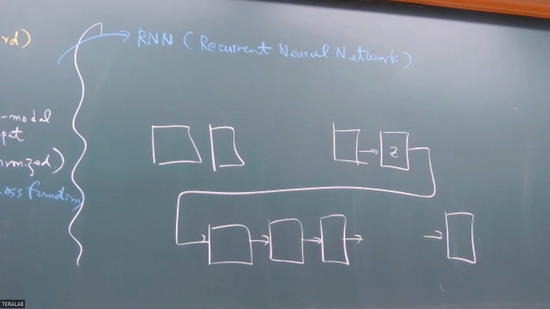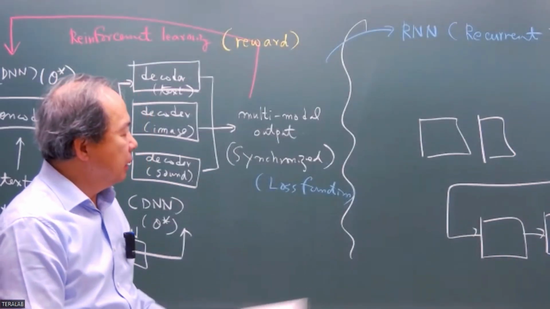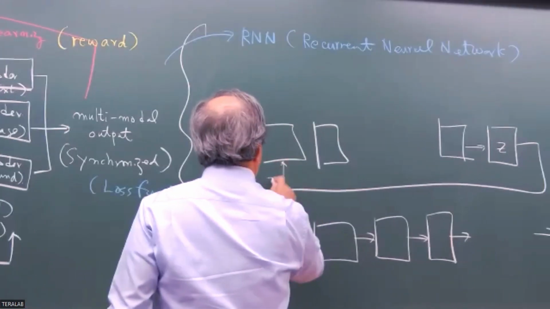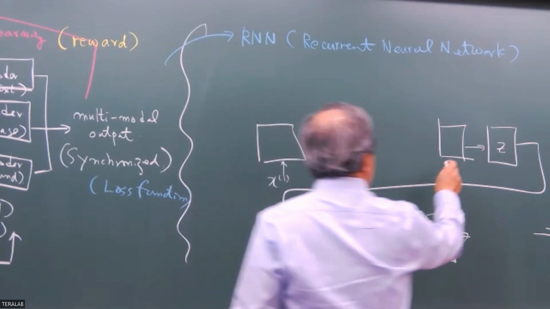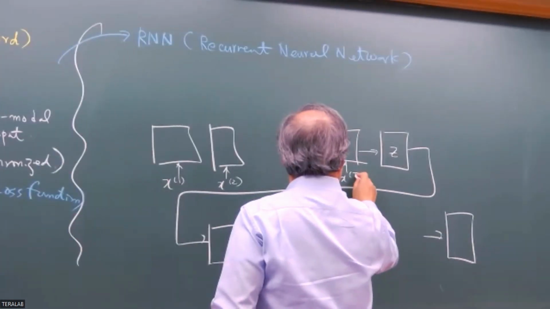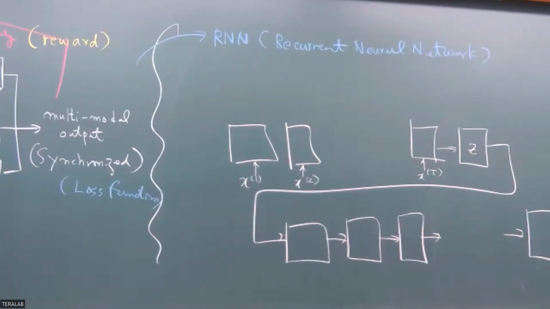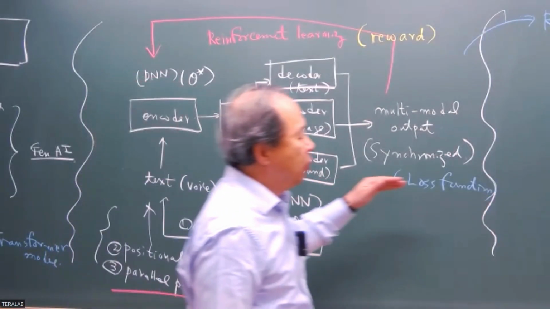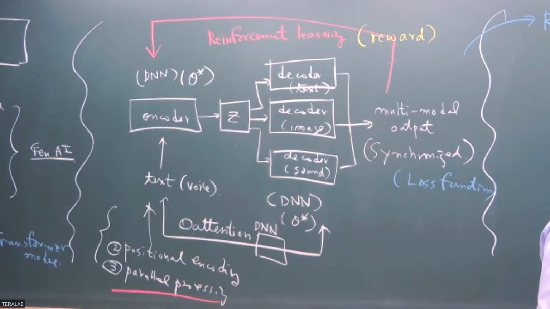This RNN is a very initial sequential generative AI. Input text will be decomposed into a sequential form. 1, 2, up to T is the time step.